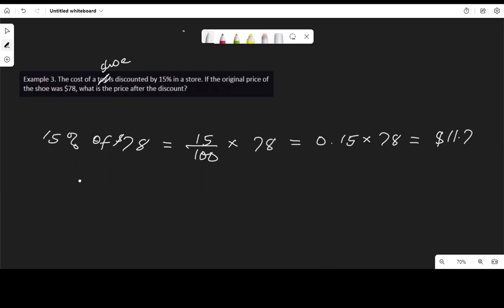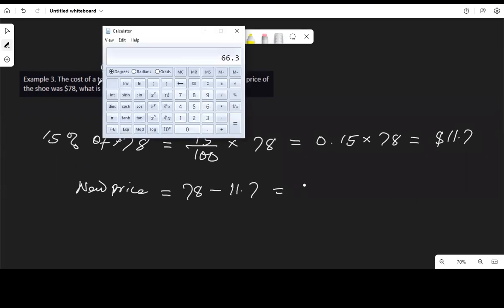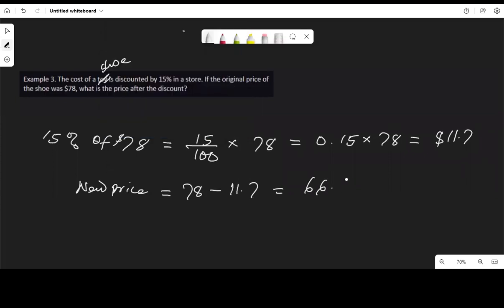Therefore, the new price after the discount is 78 minus 11.7. That should be $66.3. That is one method of doing that.